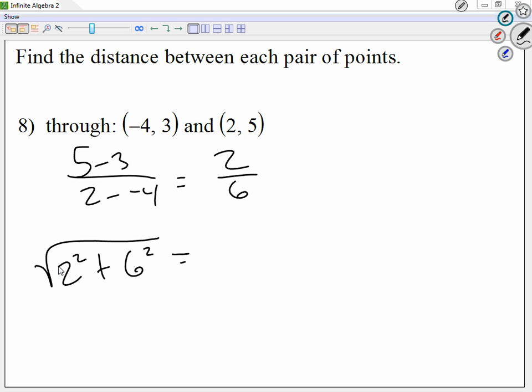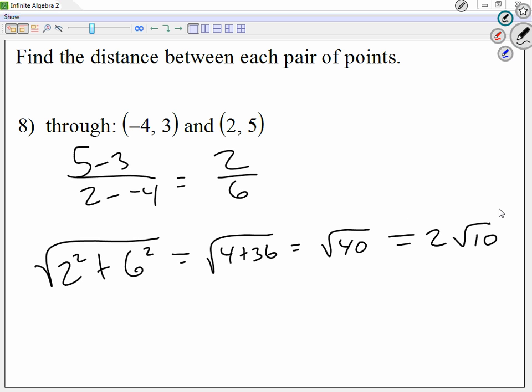So I have 4 plus 36, which is the square root of 40. And this should simplify to 2 radical 10. You guys should remember how to simplify. Do not simplify the fraction. We started as if we were doing this slope just to get those numbers, but do not simplify it.